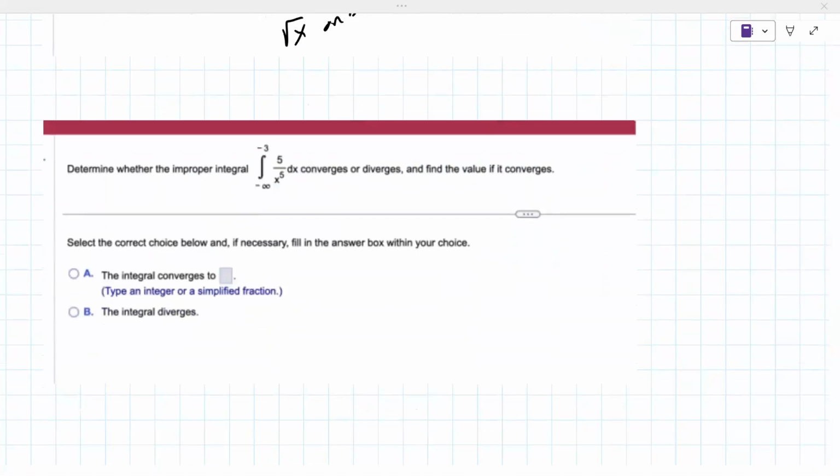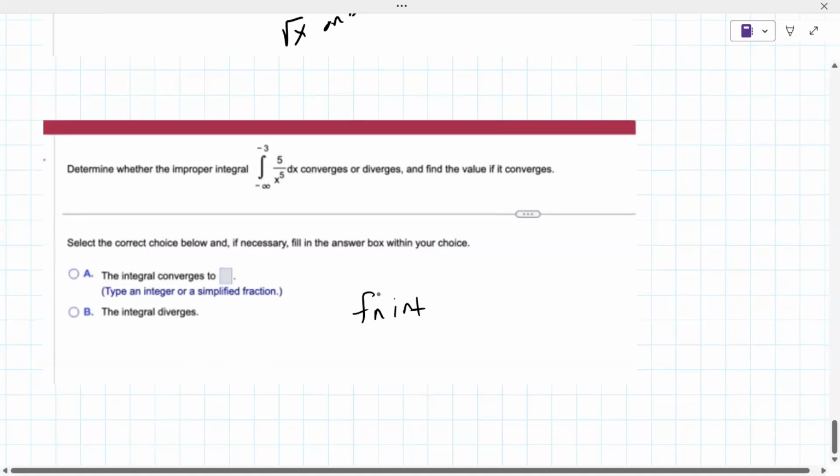I need to check this one before I give you an answer because typically you do them on the negative side. Yeah, so this one does converge.